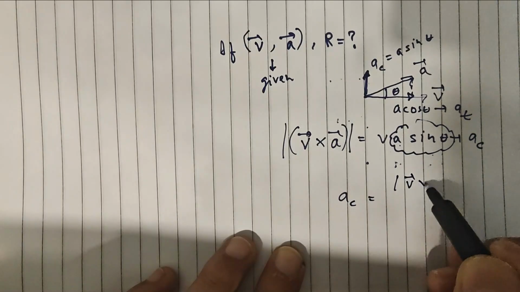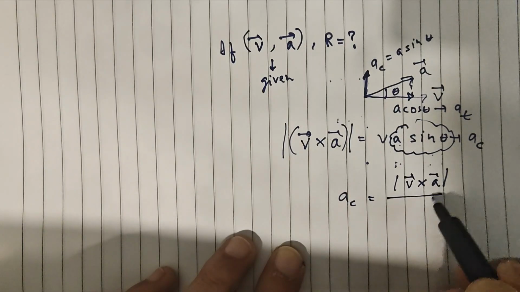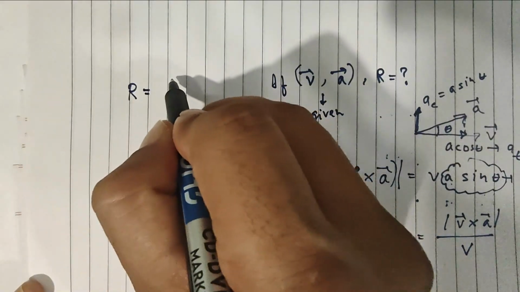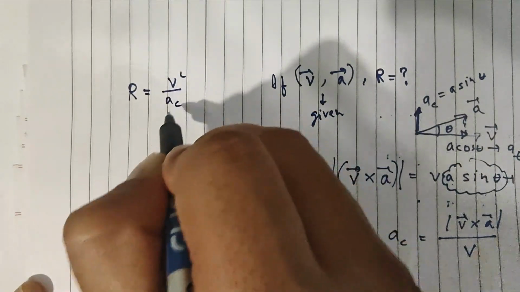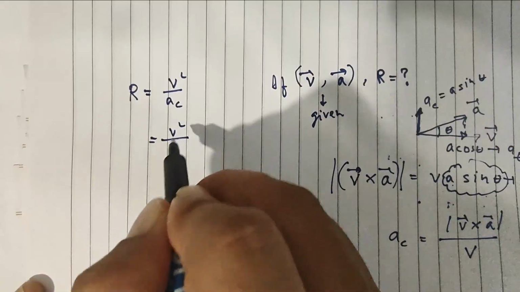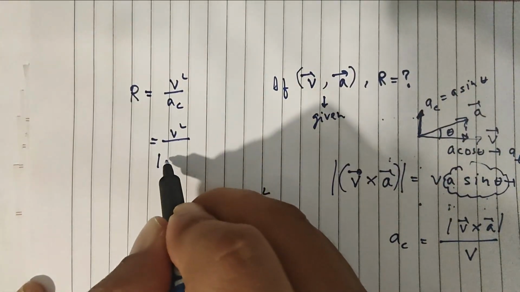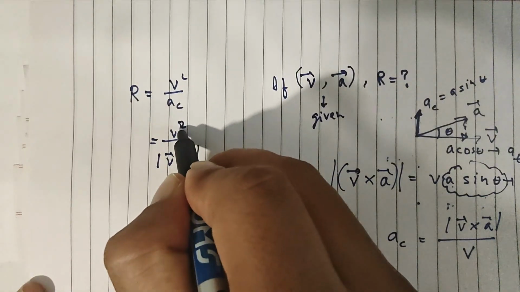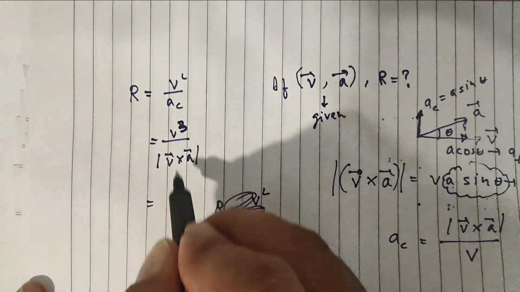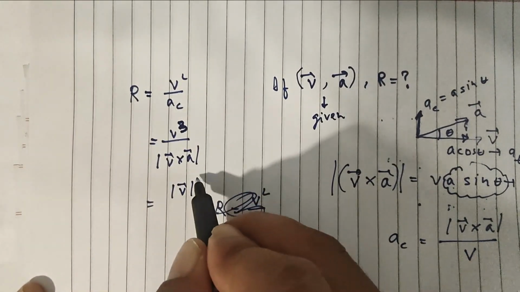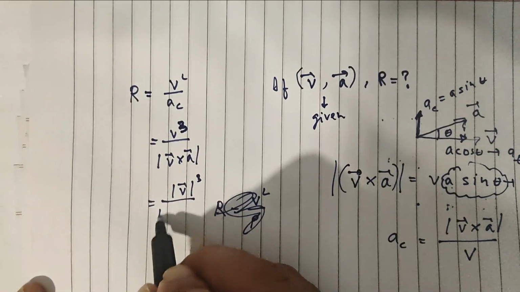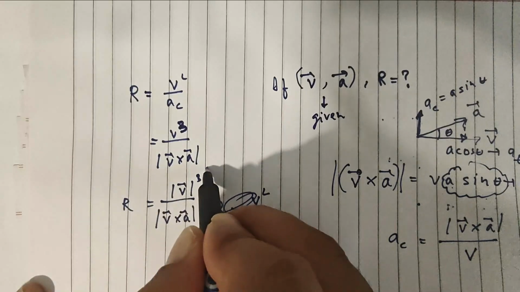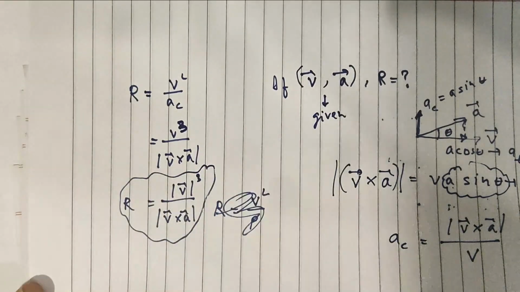Mod of V cross A divided by V. So finally, the radius of curvature formula will be V square by AC. What is AC? Mod of V cross A divided by V. So this will become V cube. It can also be written as mod of V bar cubed by mod of V cross A. So this formula you can use to find the radius of curvature.